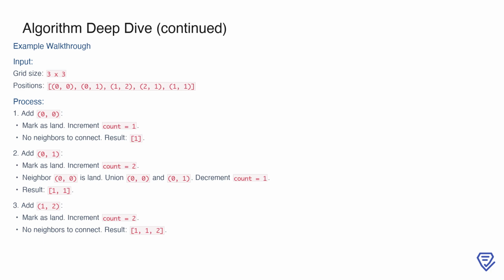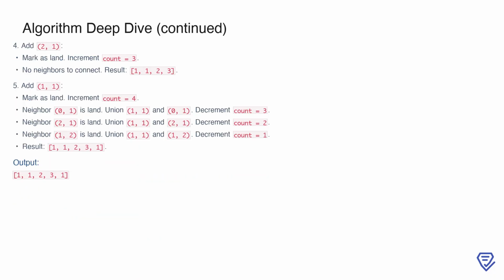Then, we add [1,2]. We mark it as land and increment the count to 2. Since it has no land neighbors, the result becomes [1,1,2]. Next, we add [2,1]. Marking it as land increases the count to 3. With no land neighbors, the result becomes [1,1,2,3].